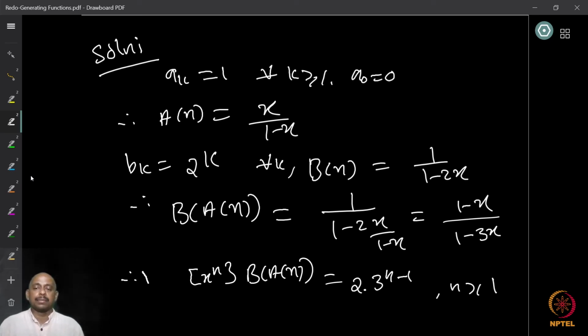So therefore, from this, I can get 1 by 1 minus 3x will give 3 raised to n x raised to n, and then you multiply with 1 minus x and look at the coefficient of x raised to n, that is 2 into 3 raised to n minus 1. This is something you can verify. For n greater than or equal to 1, I have this. So we can verify that there are precisely 2 into 3 raised to n minus 1 ways to do this.